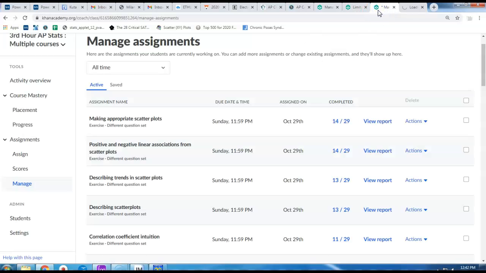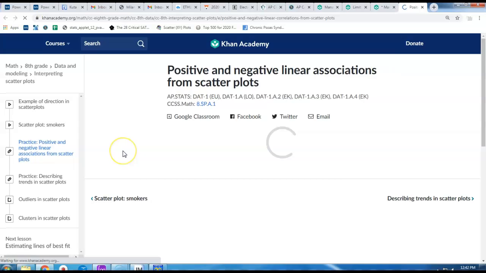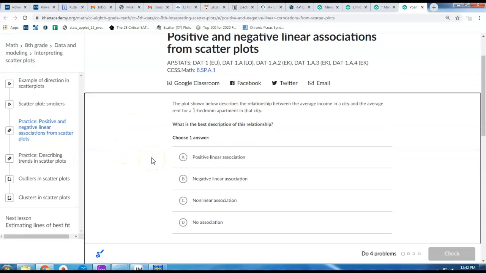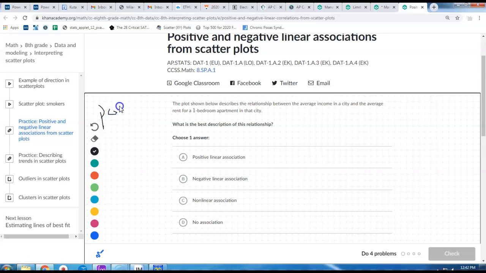All right. Positive and negative linear associations from scatter plots. So a positive association looks like this, meaning when one variable goes up, the other one goes up, or if one variable goes down, the other goes down with it.